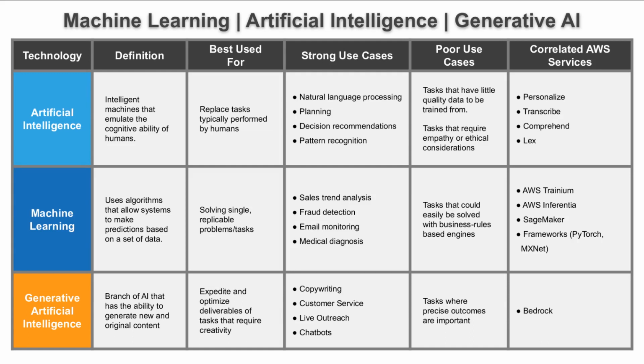Again, as always, there are edge cases where Gen AI either is not a great solution, or you have to put in a whole bunch more work to make it a good solution. So areas where things have to be extremely precise are possibly areas where you might want to think twice about using generative AI.